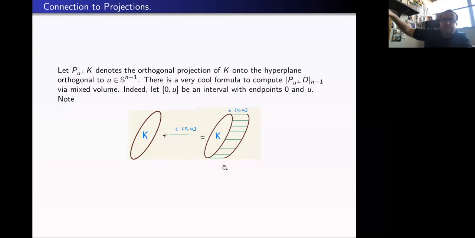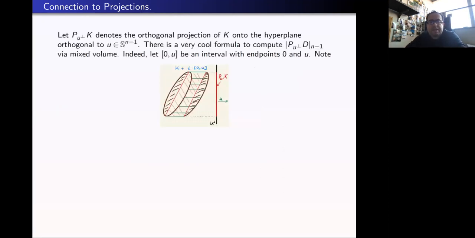So in the direction of U, you add those segments of length T. And then if you simply look at it, you can use the most basic formula to calculate the volume of K plus T 0U, yes? Because you have this part which is not covered by red, which is exactly K, and inside you have something that I plotted that looks like a parallelogram, but it has the following volume.